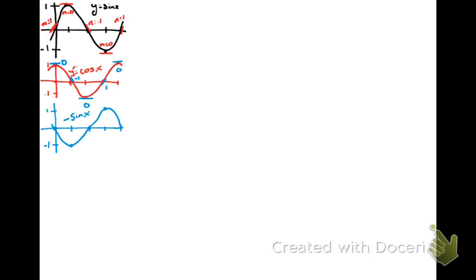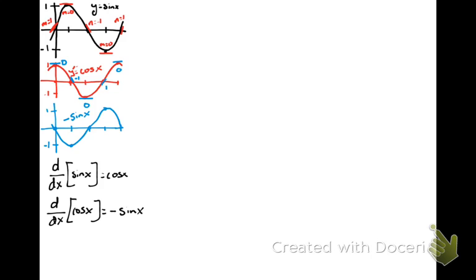So these are just informal proofs for some derivatives that you must have memorized. And those facts are that the derivative of the sine of x is equal to the cosine of x. And the second fact is that the derivative of the cosine of x is equal to negative sine of x.